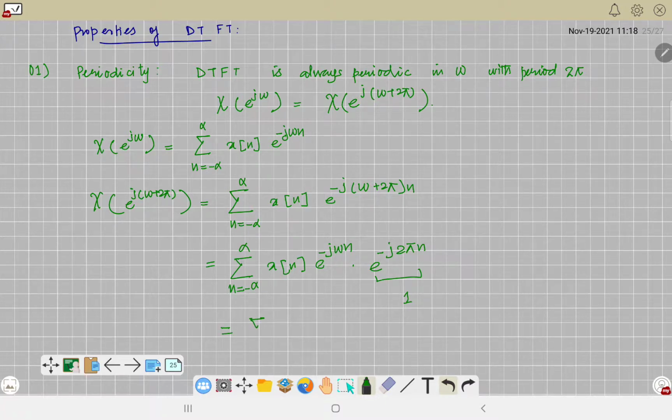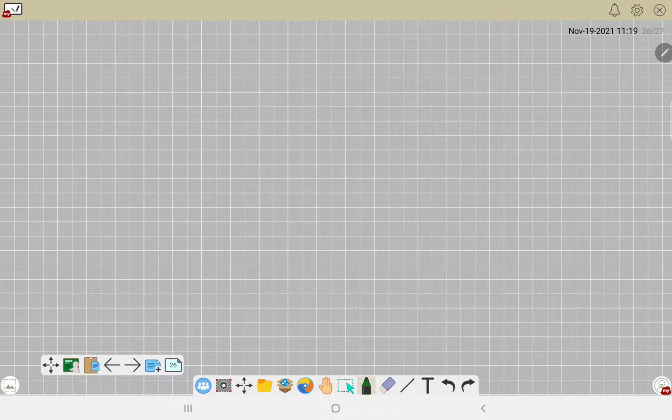So we are left with the summation, n from minus infinity to plus infinity, of x[n] e raised to the power minus j omega n, which is in fact X(e^{j omega}). So this is the property of periodicity for the discrete time Fourier transform.